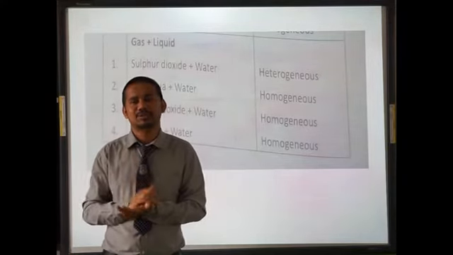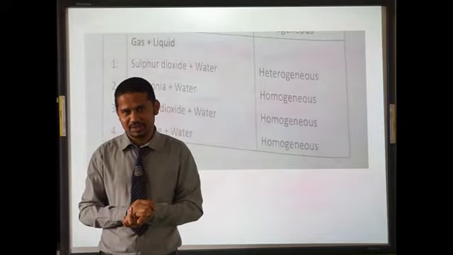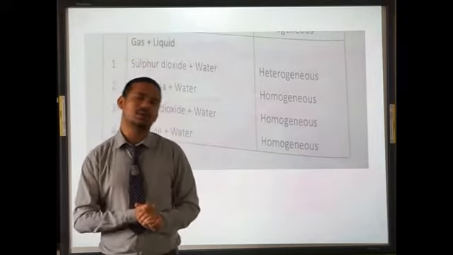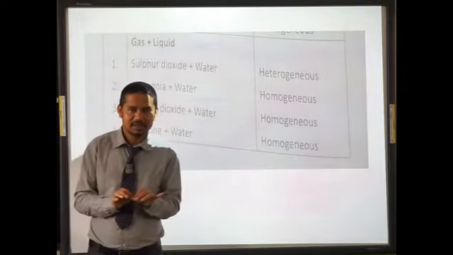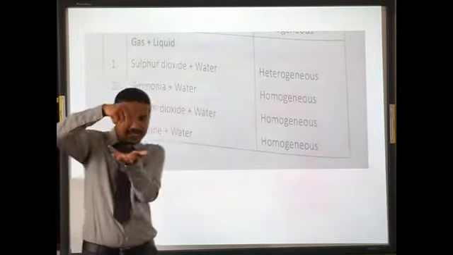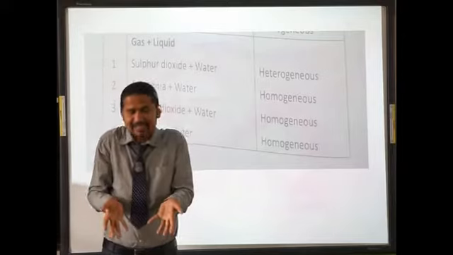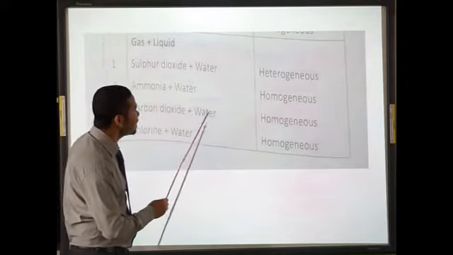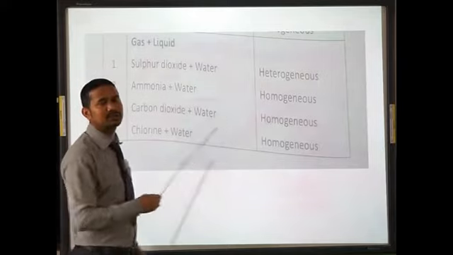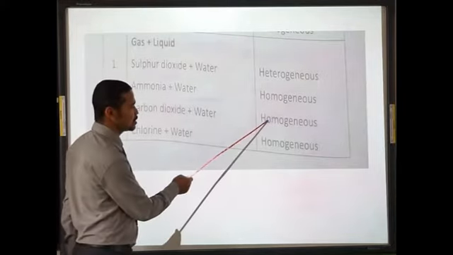Under high pressure and low temperature, gases dissolve in water. So carbon dioxide dissolves in water, and when you release the pressure, these gases come out. So carbon dioxide can mix in water uniformly, so it forms a homogeneous mixture.